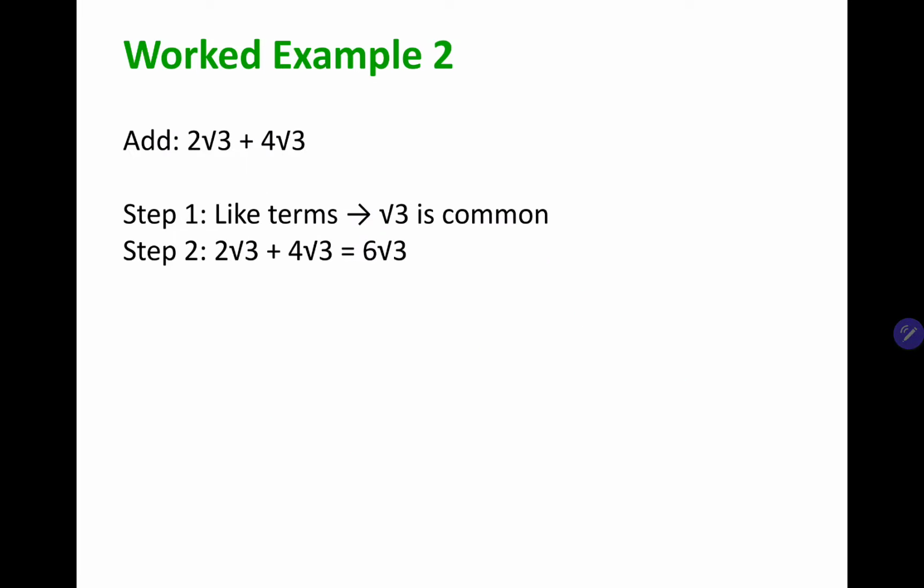We'll look at another example. 2 root 3 plus 4 root 3. Here, swords are so simple. In fact, mathematics in general is as simple as it gets. Here, all you need is to look for the like terms. What are the like terms here?